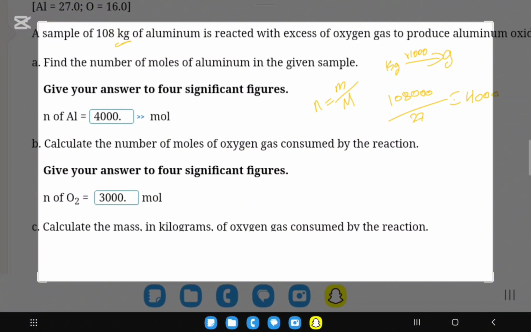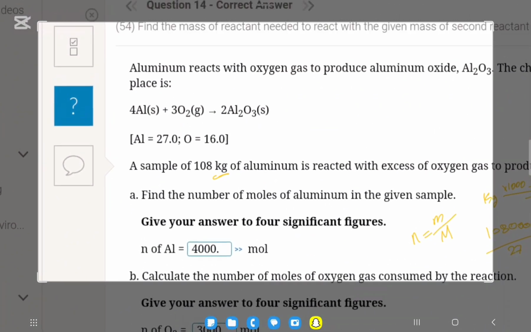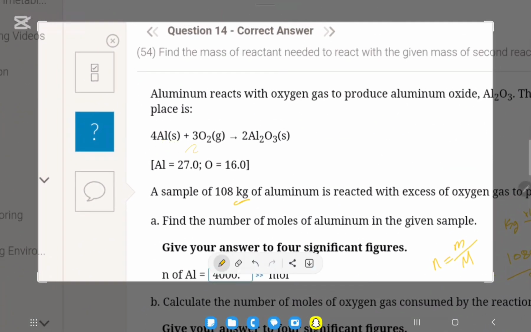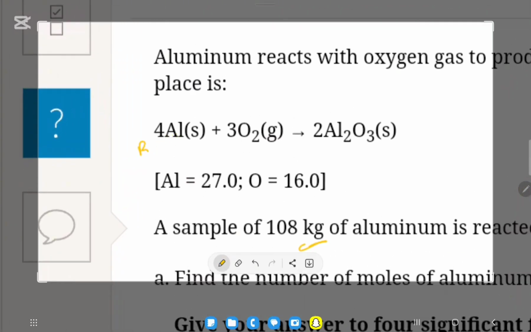aluminum. Now for the oxygen, you can use RRGR. We check if the equation is balanced. 4Al and 4Al, 6O and 6O. Yeah, it's balanced.